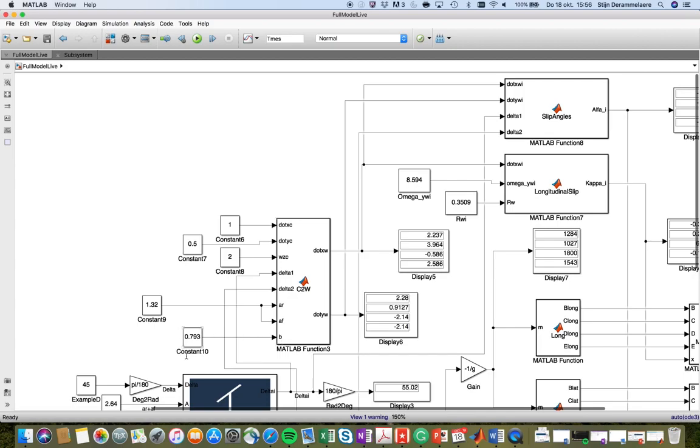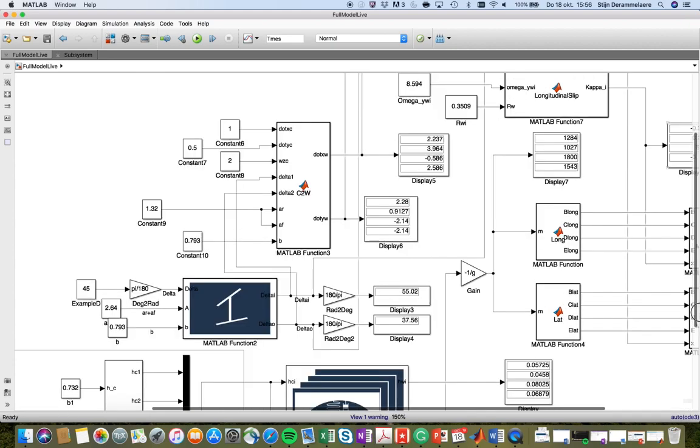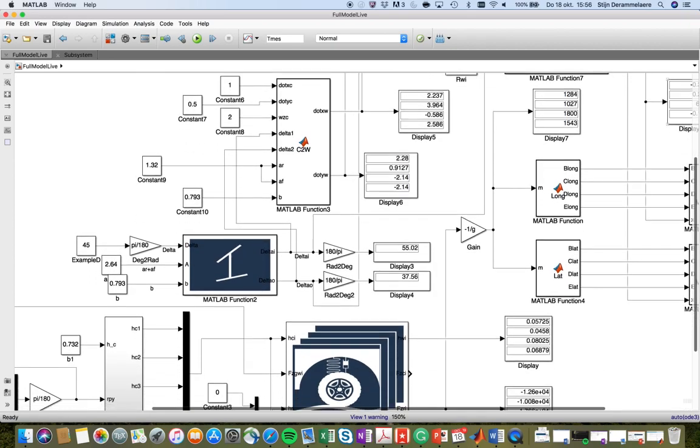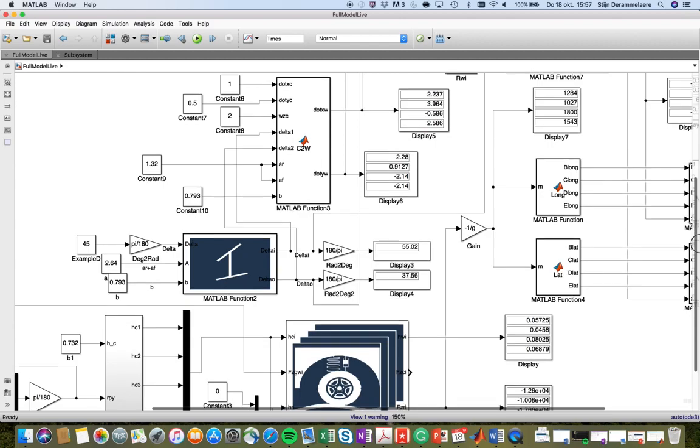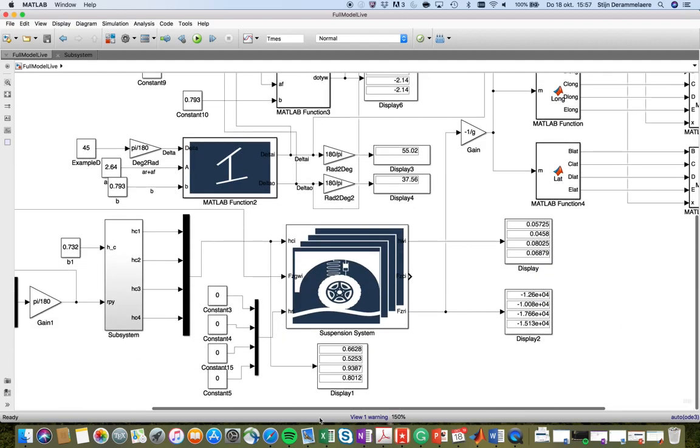We have the B, the distance between the two wheels. Then we have the steering angle. We again have AR plus AF and B, the distance between the two wheels, which goes to the two separate steering angles.